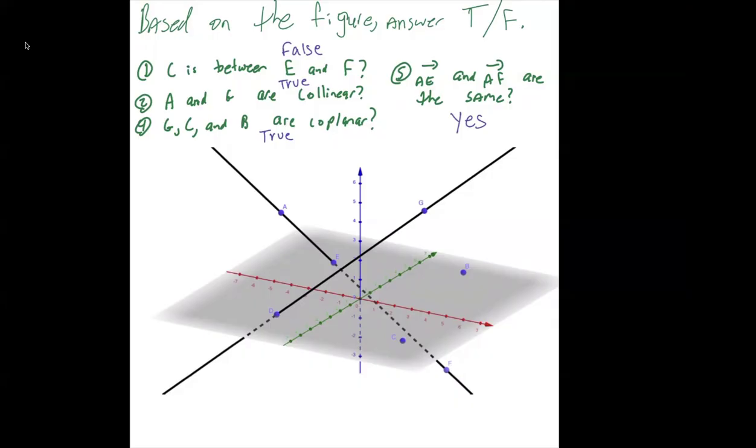To name a ray, the starting point has to be the same. Even if E is here and F is here, as long as this point is fixed, I could name it AE, AF, AG, or anything. So it is true because A is fixed.